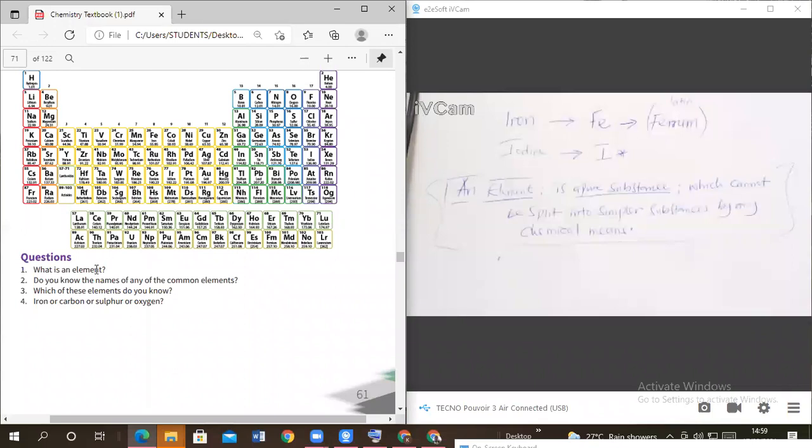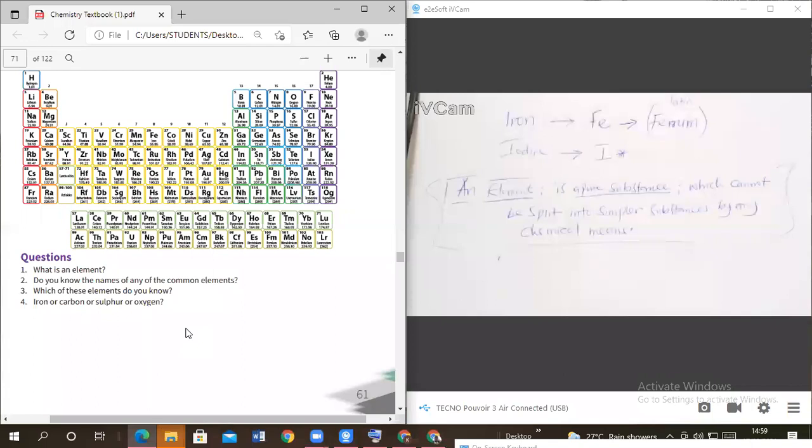Now, in the table, do you know the names of any common elements? The common elements are the first 20 I gave you. Among these, which ones do you have in the first 20 elements: iron, carbon, sulfur, and oxygen? Oxygen, carbon.